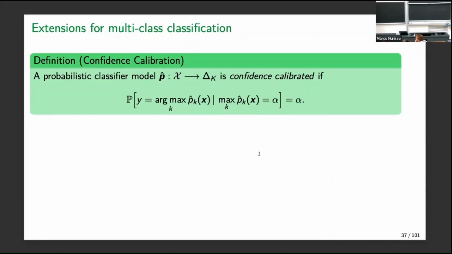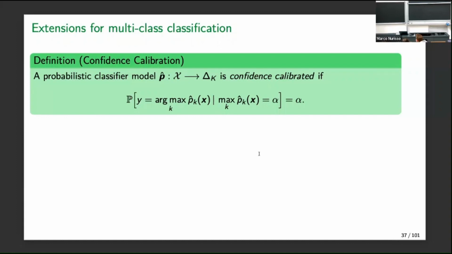And now we can extend this for multi-class classification. And for multi-class classification, there's in total 3 extensions in the literature, going from weak conditions to stronger conditions. So the first one is called confidence calibration. And confidence calibration is a very weak condition. So what it means basically is you're only going to look at the highest probability.